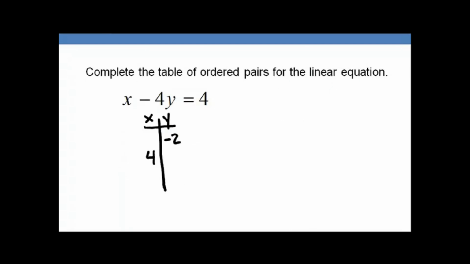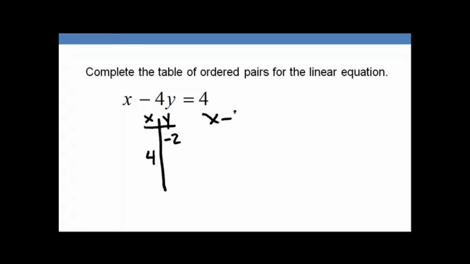This is another format for asking the same question we just did. Often you will see things in a table because it makes it more compact and the data is more organized. So complete the table of ordered pairs for the linear equation. Same equation, and they're giving us the negative 2. So you plug it into the y.